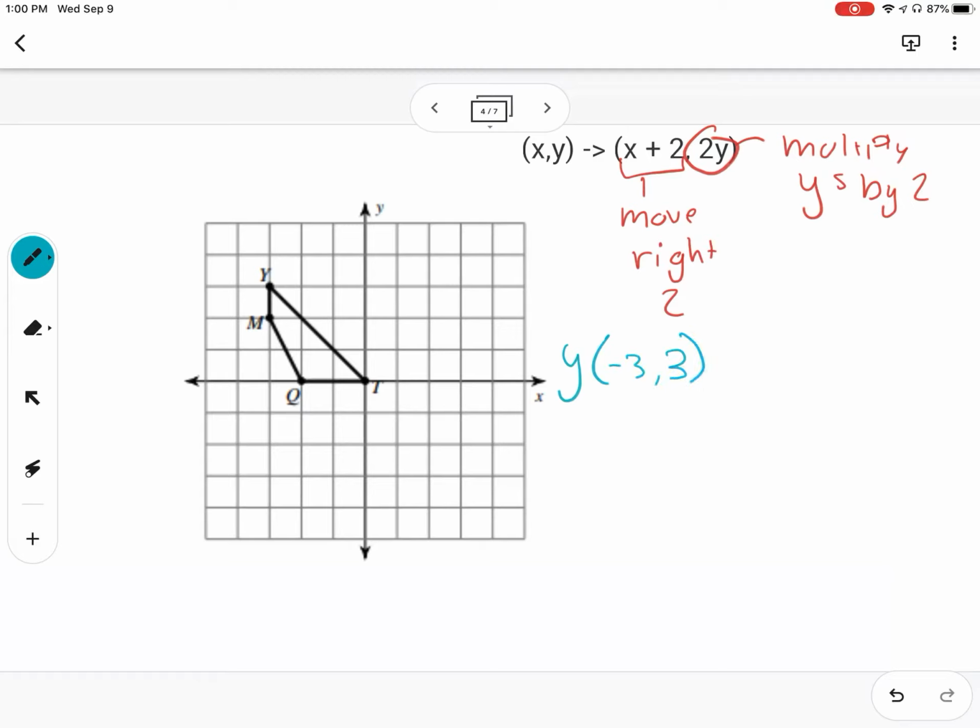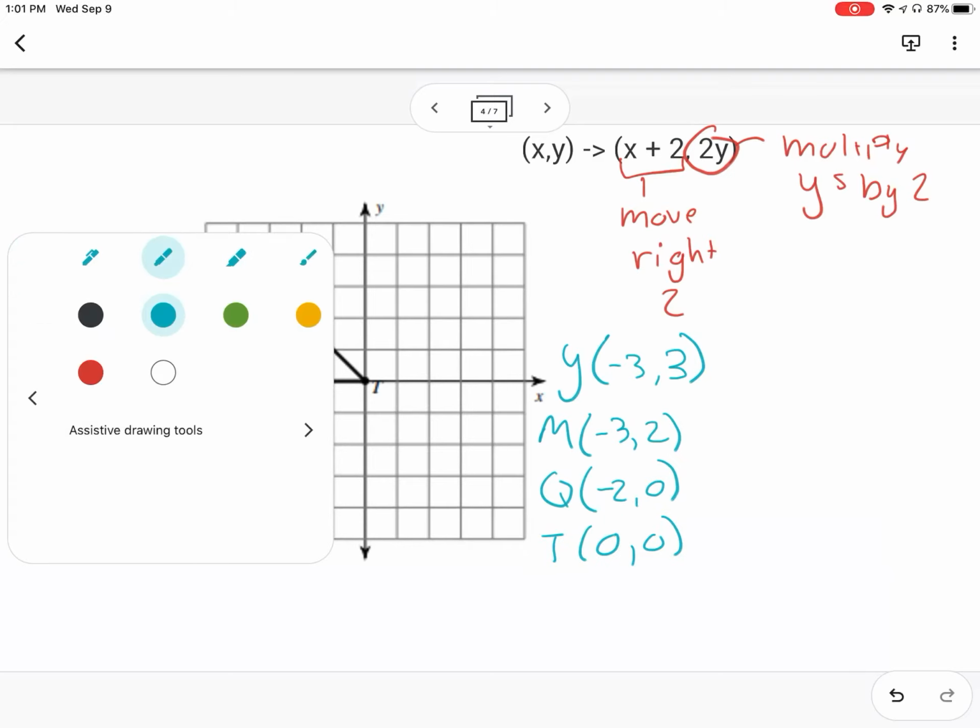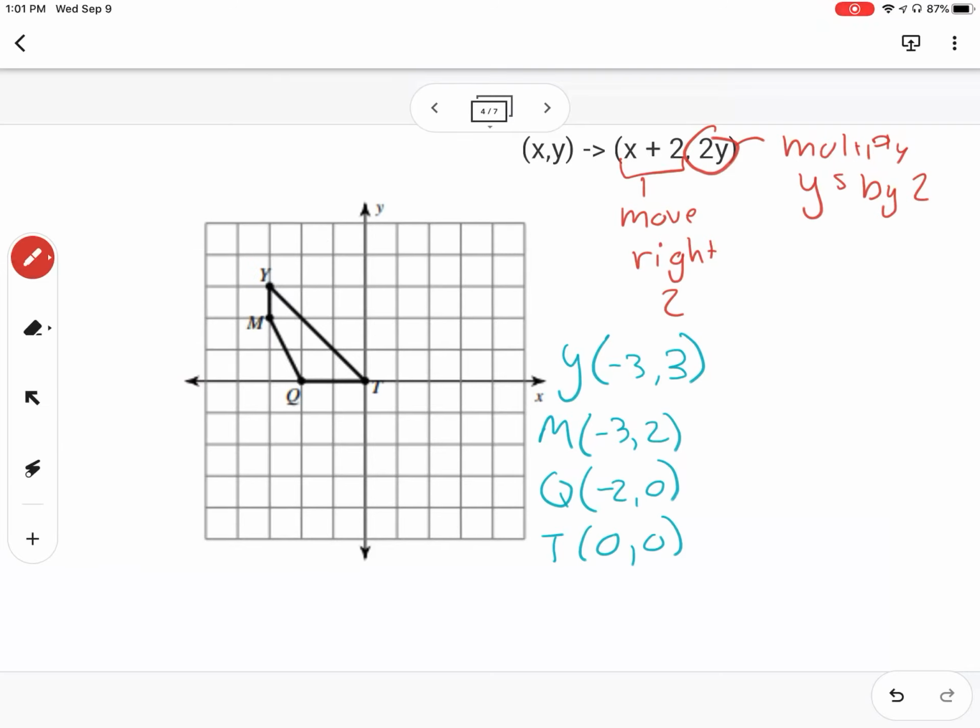So y is negative 3, 3, m is negative 3, 2, q is negative 2, 0, and t is 0, 0. X is adding 2, so take all these numbers, add 2. Y is times 2, so take all these numbers and multiply by 2.